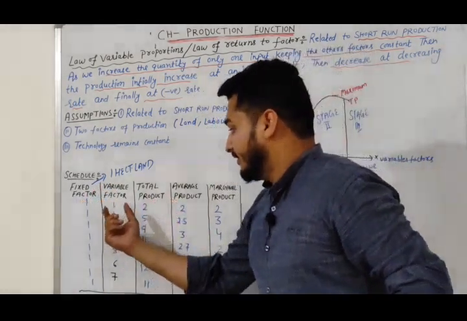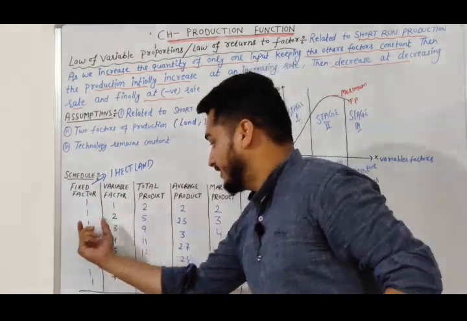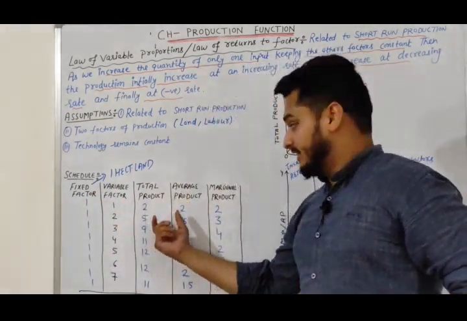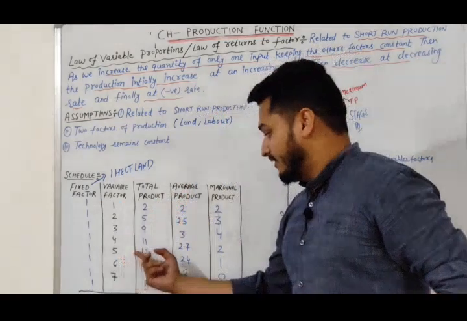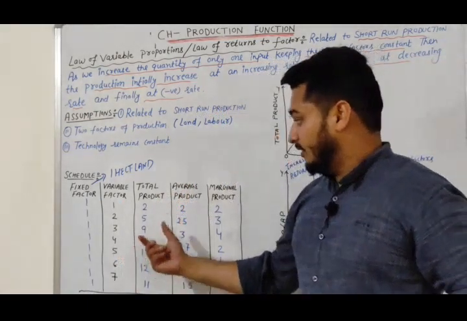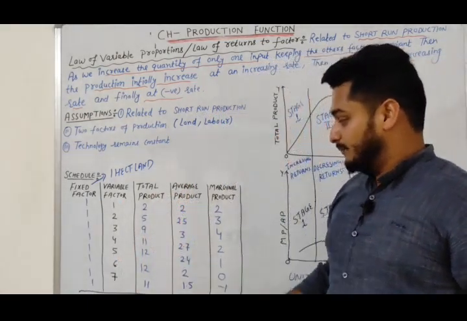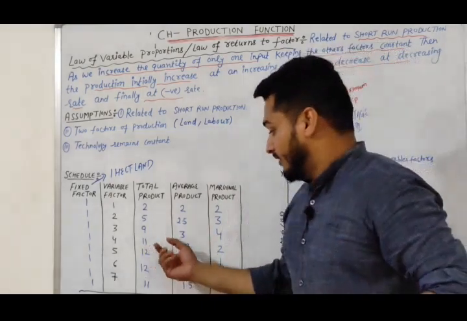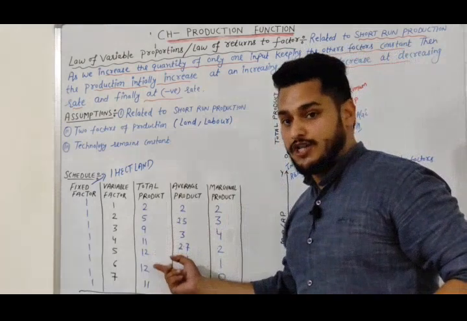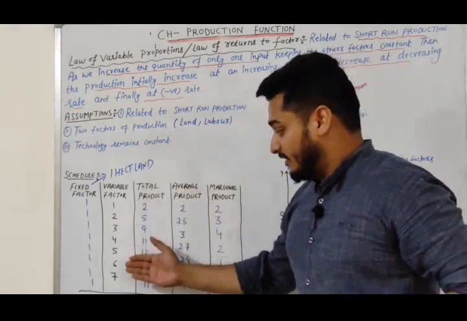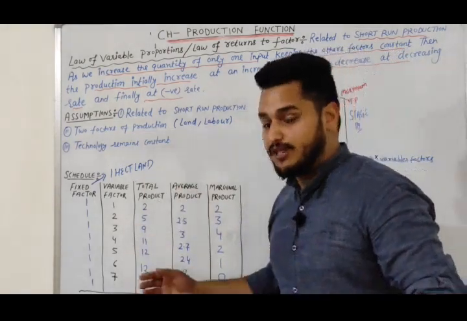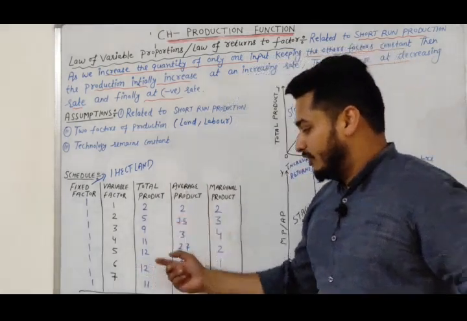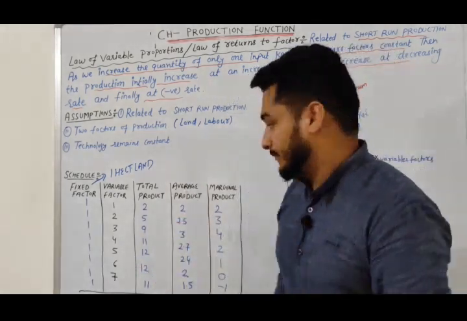After increasing the labor, our total product keeps increasing until the 5th unit. Our total product is 12, and when we increase labor from 5 to 6, our total product is constant. After that, when we increase the labor from 6 to 7, our total product starts decreasing.